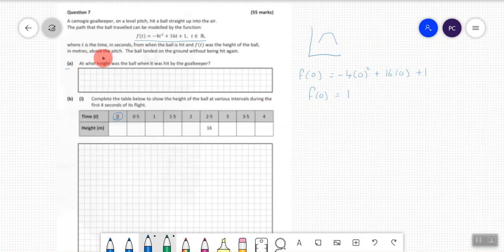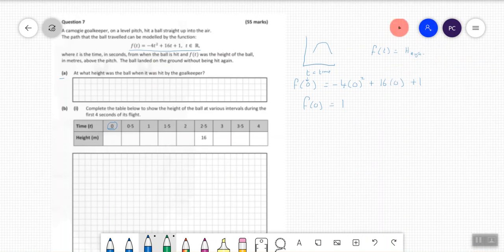And if we have a look here at the question, it tells us that t is equal to time, and then this whole thing, f(t), is equal to height in meters.